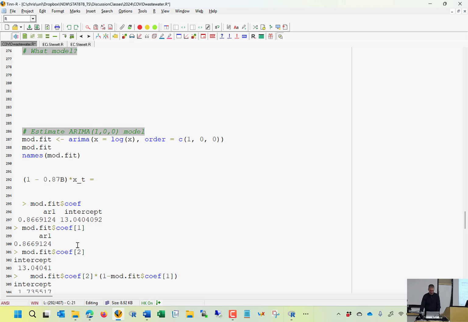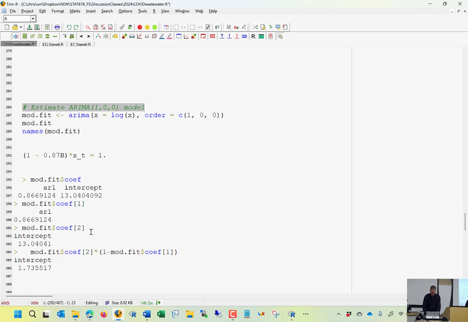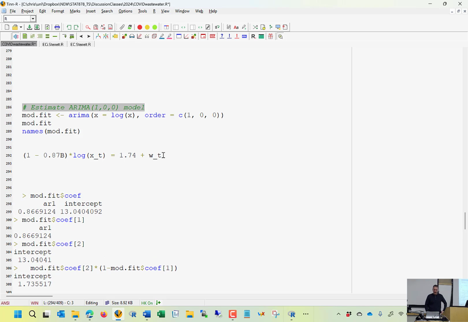We need the alpha hat, so 1.74 plus W t. Also, because I did use the log transformation, I need to say that. And then there's one more aspect that I need to put in here. What's that? Where W t is distributed independent normal, 0, and let's get that variance out.